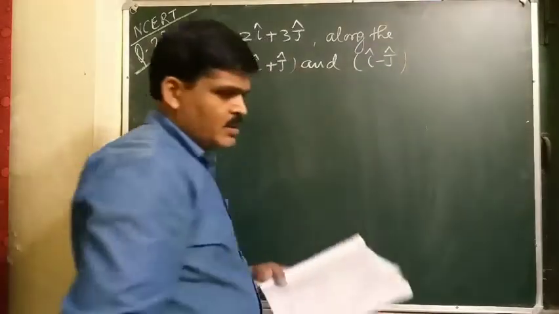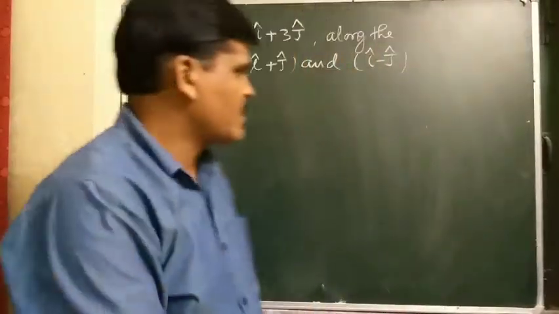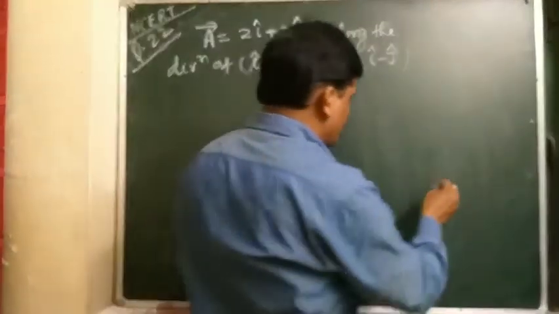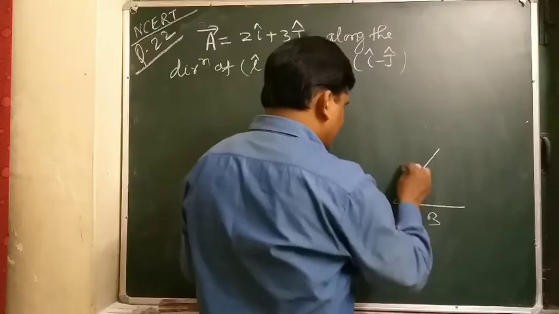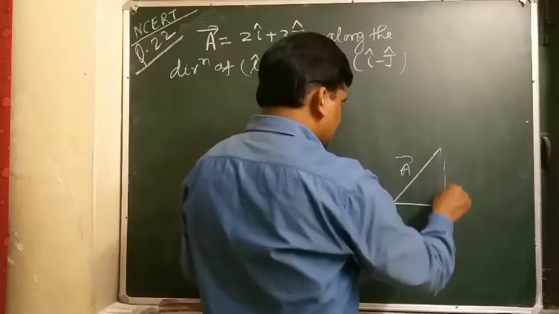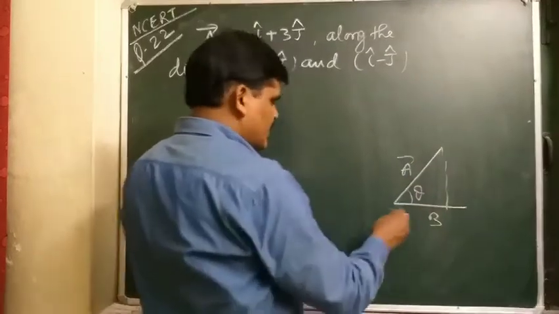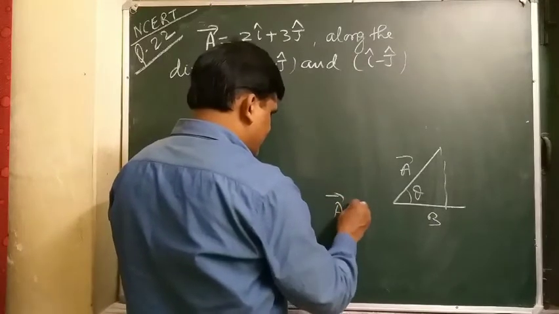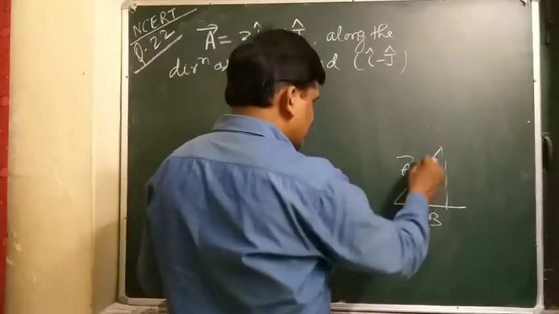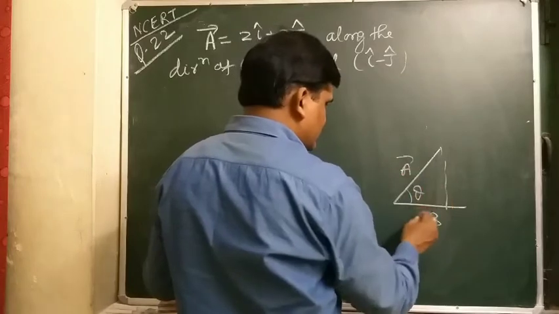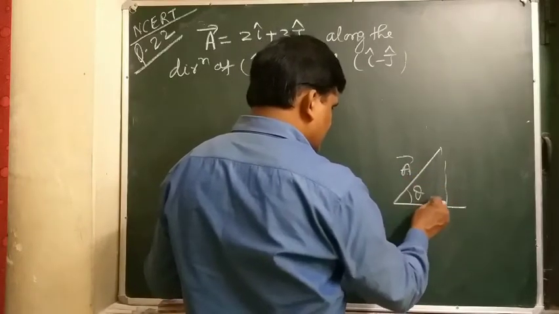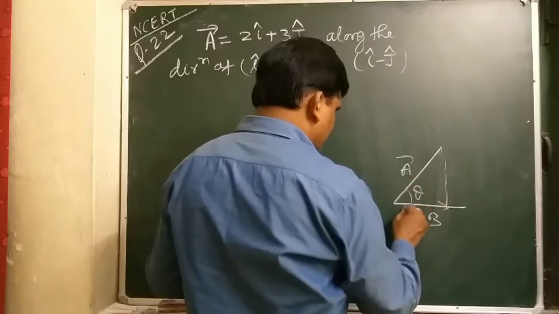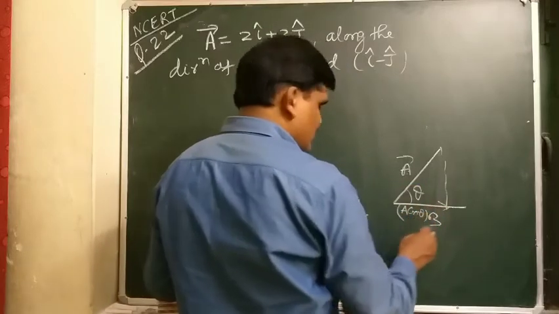And student, I have already explained to you that suppose vector b is here, vector a is here, and this is the angle theta. The scalar product of vector a dot b is written as ab cos theta. The component of a in the direction of b is base by hypotenuse, so it comes out to be a cos theta.